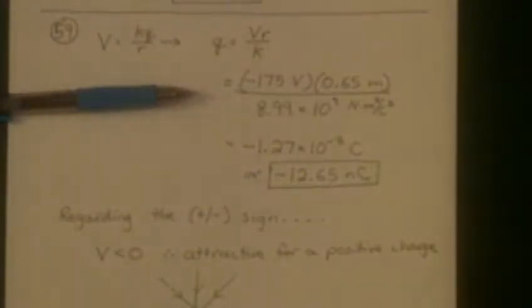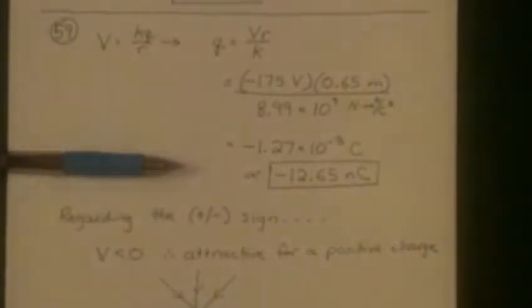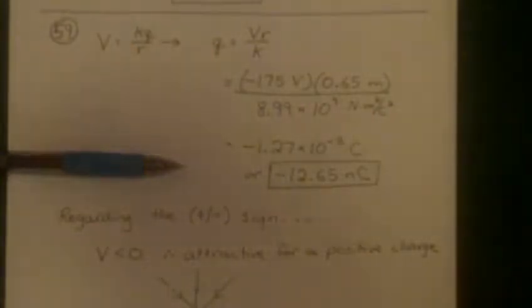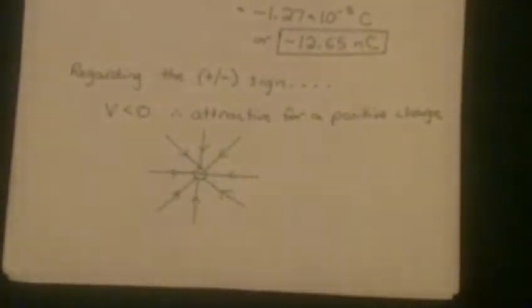So we get a charge of negative 12.65 nanocoulombs. And regarding the plus or minus sign, since voltage is negative, that means it's attractive for a positive charge.